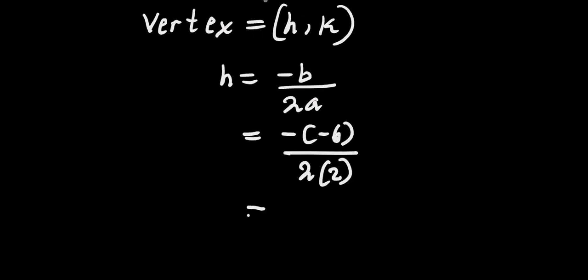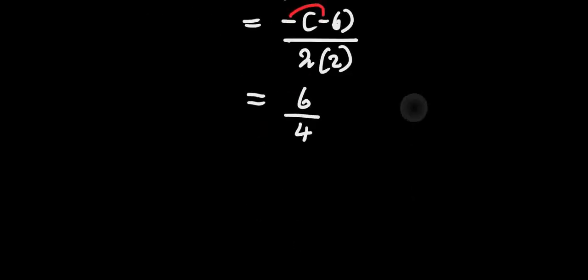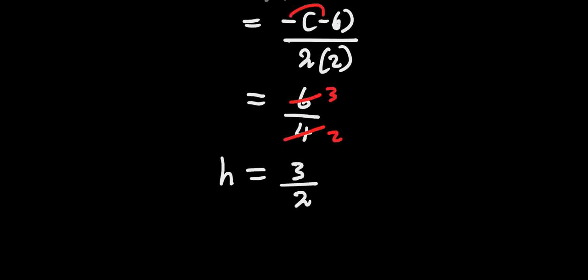And this is equal to, negative times negative is positive. So this will give us 6 over 4. So if we simplify this further, then 6 divided by 2 is 3, and 4 divided by 2 is 2. So this will give us 3 over 2. So this is the value of h.